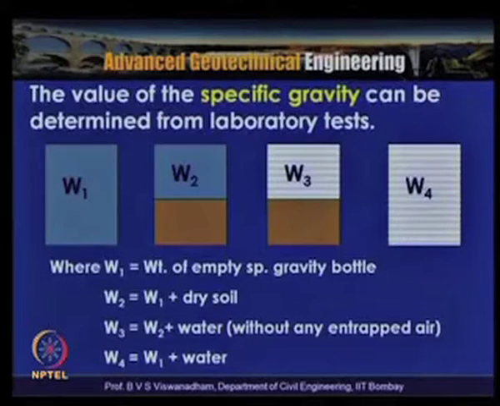W3 is W2 plus water without any entrapped air. To do that, you have to continuously shake and subject it to some sort of boiling, wherein the voids or entrapped air in the soil particles can be removed. That weight is W3, which is W2 plus water. Then the entire specific gravity bottle is filled with water, and that weight is indicated as W4, that is W1 plus water.